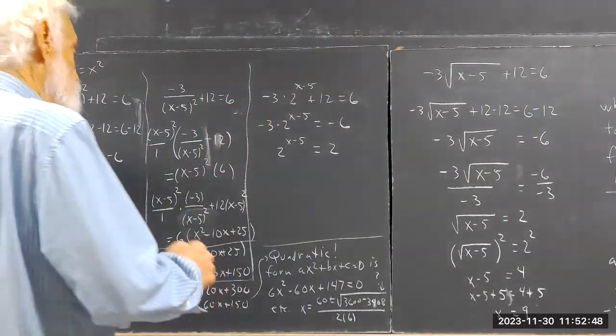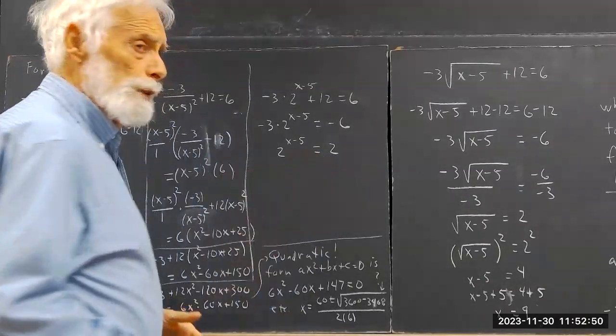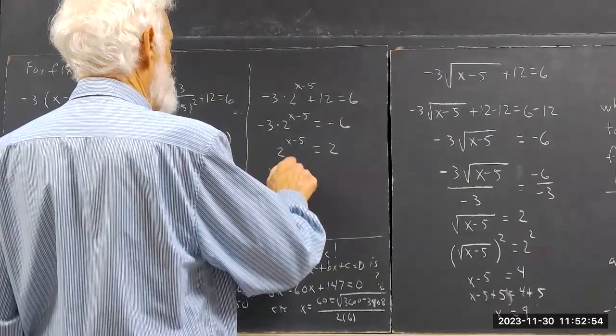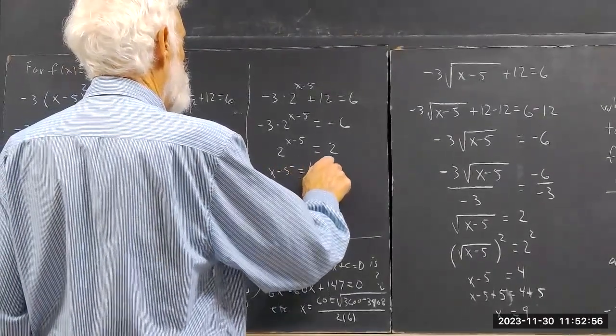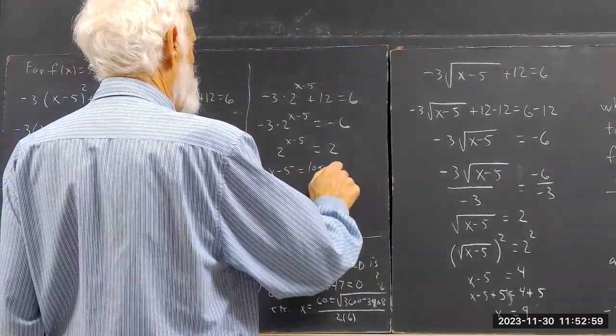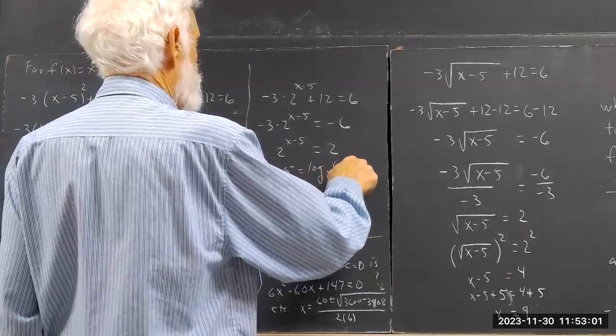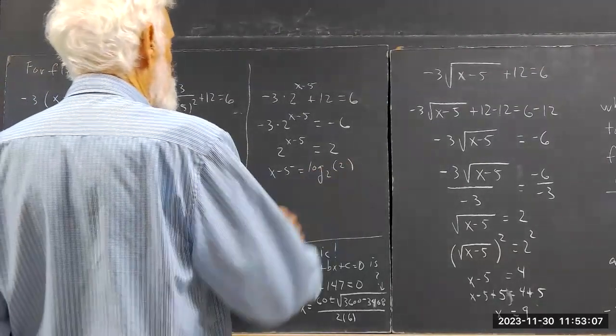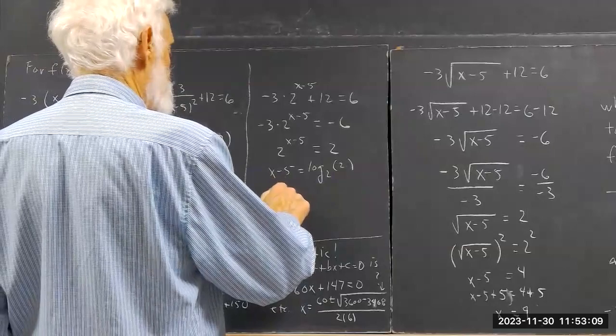And at this point, we just change this to logarithmic form. And we get X minus 5 equals log base 2 of 2. Then it turns out, you know what the log base 2 of 2 is.